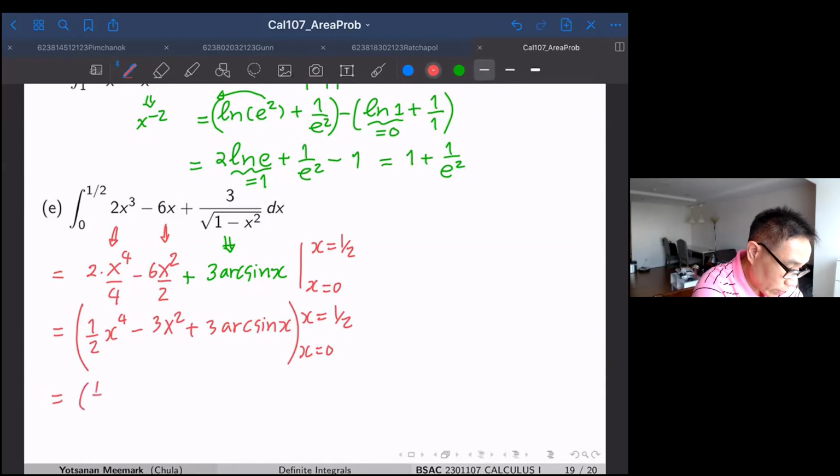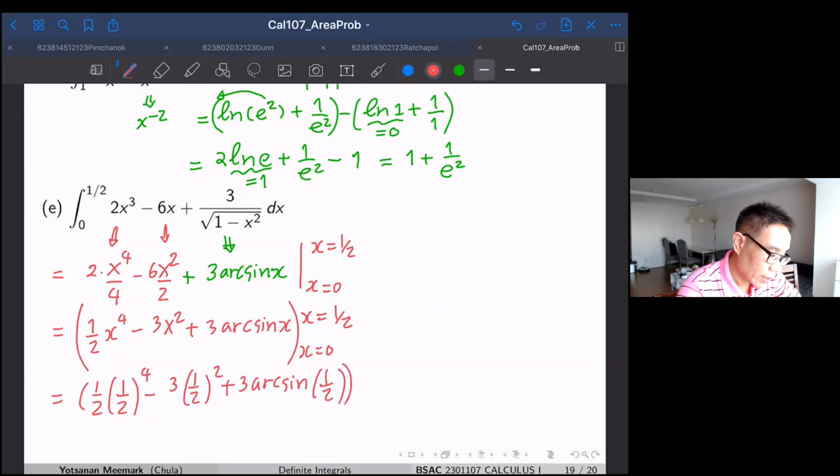So it's going to be 1/2 to the fourth minus 3 times 1/2 squared plus 3 arc sine 1/2, minus 0 to the fourth, 3 times 0 squared plus 3 arc sine 0.